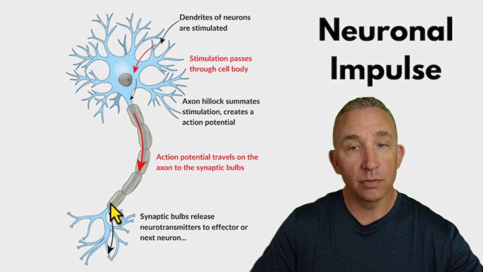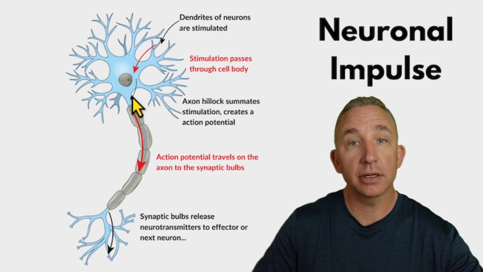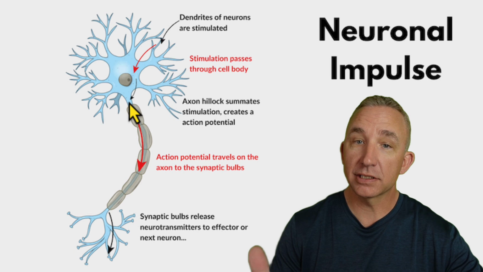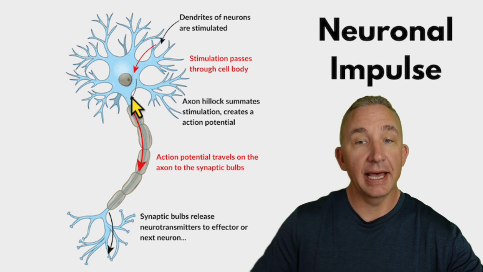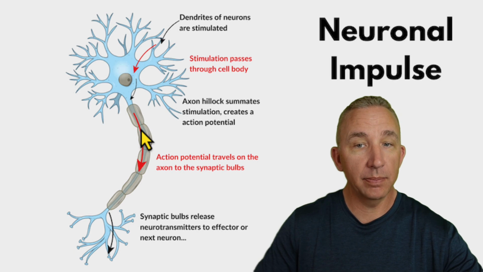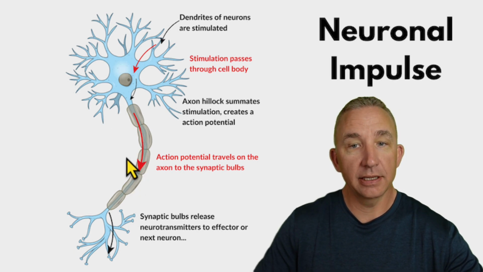And how do we do that? We use the axon to do that. So we summate it, or put it all together, at the first part of the axon called the axon hillock. If there's enough of a stimulus, then we continue down the axon. As we move down the membrane of the axon, we have sodium that's running in the different segments.